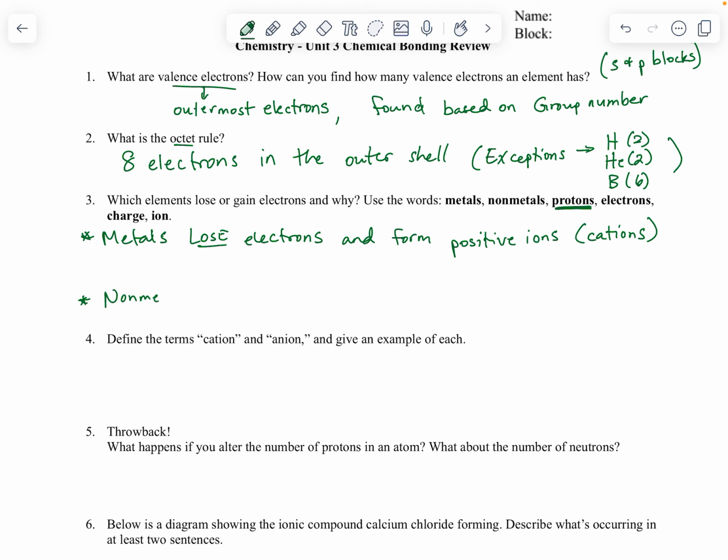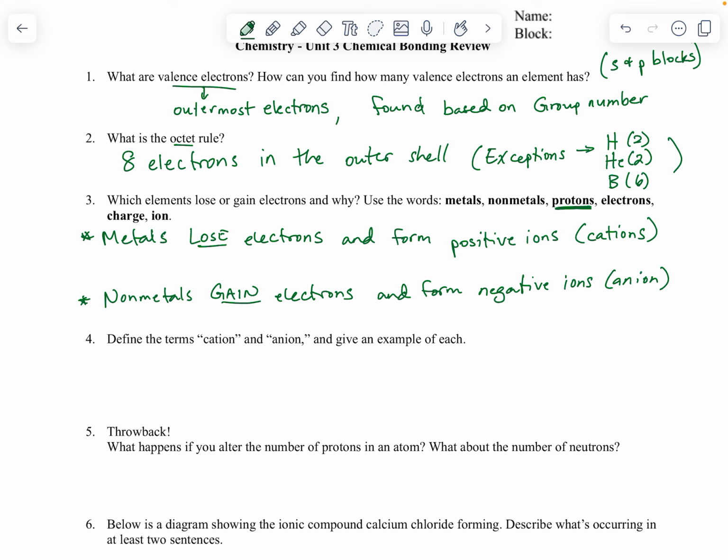Nonmetals, of course, gain electrons and form negative ions that we refer to as anions.